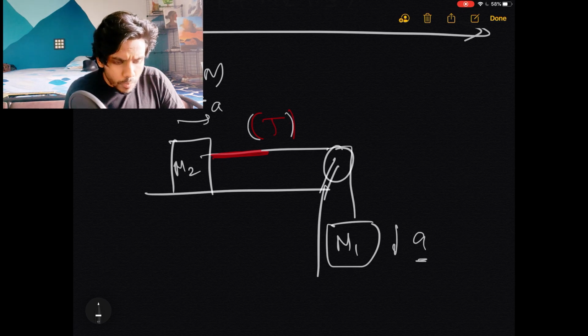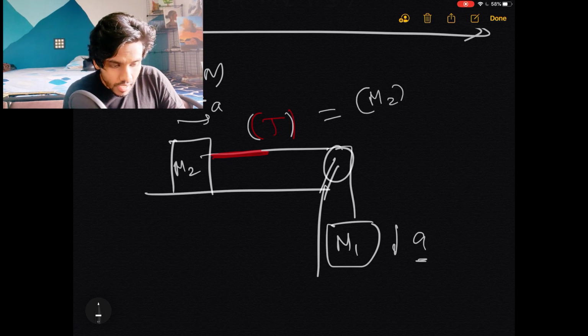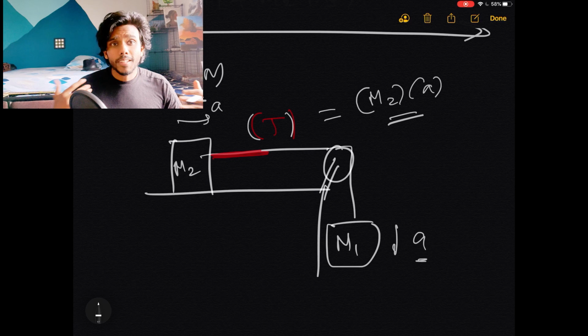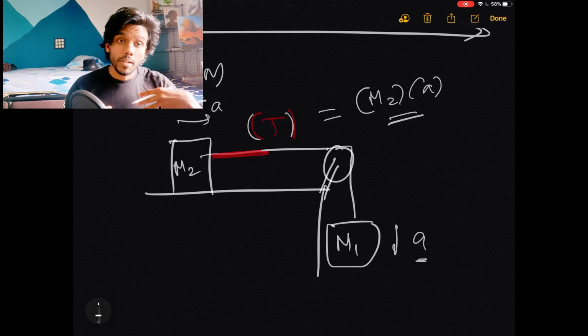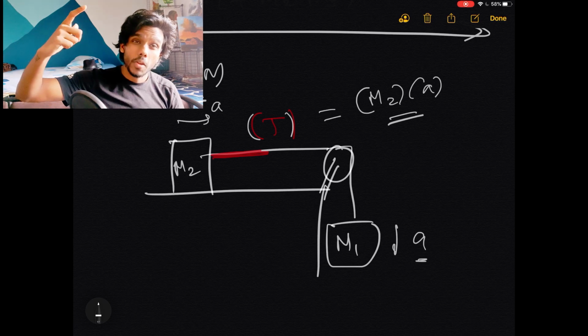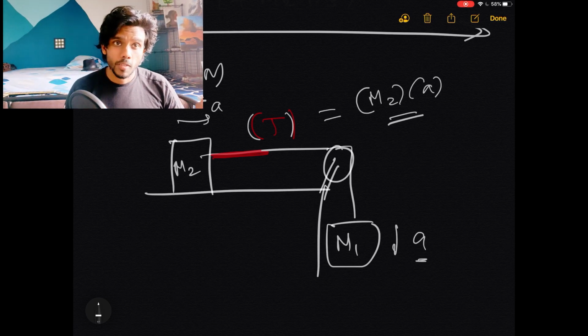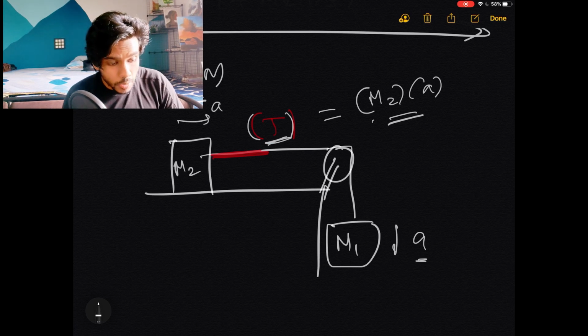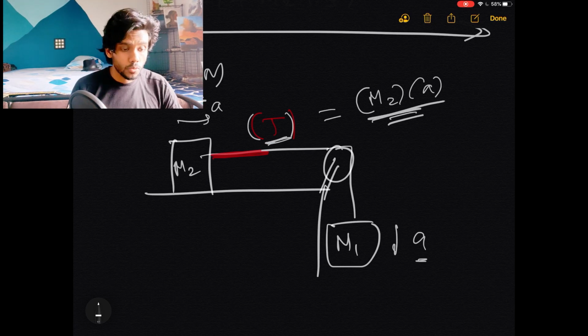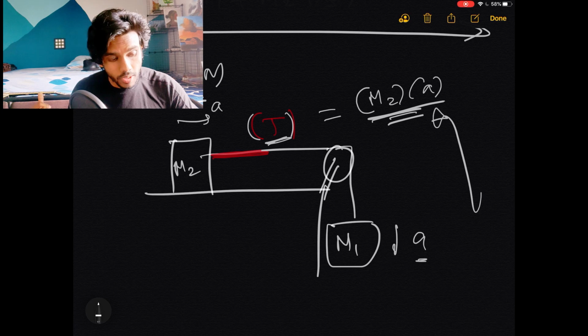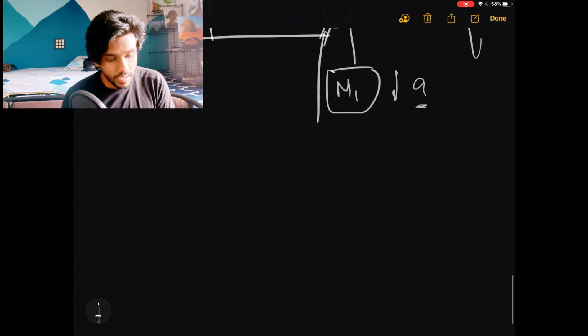This tension is purely responsible for M2 into A. This is an equation that we already know, but if you practically feel it, there's a huge advantage. You can directly write the acceleration, you can directly write the tension also without even putting your pen on the paper. All right. So this tension is responsible only for M2A. So since you already found the acceleration, put the acceleration in there, and you directly give the answer.